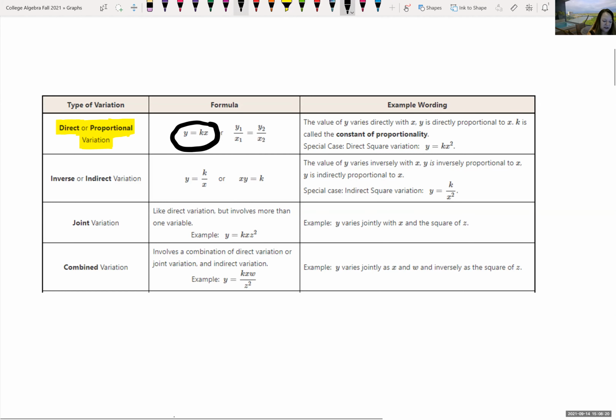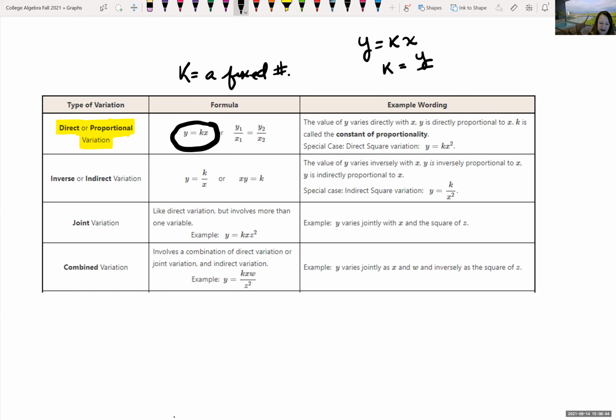Again, k is equal to some fixed constant. Notice there, if I have y is equal to k times x, if I divide both sides by x, I get that k is equal to y divided by x. And so this is why that other formula is in there.